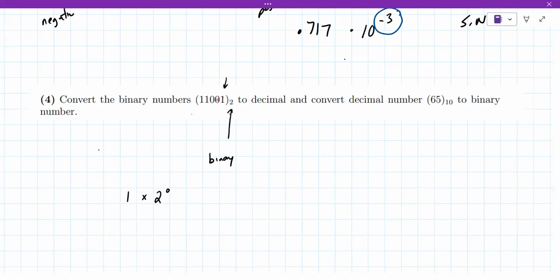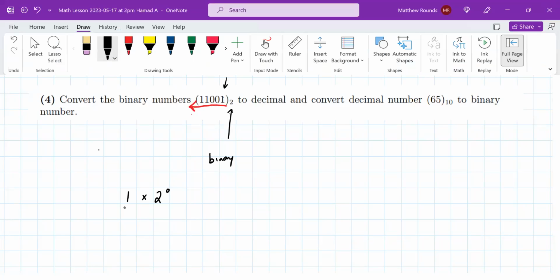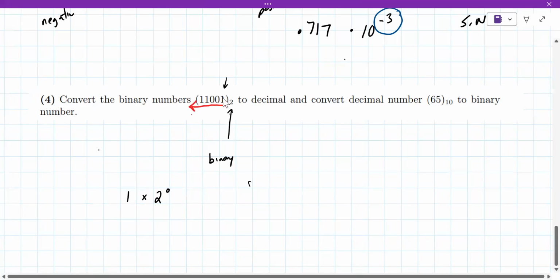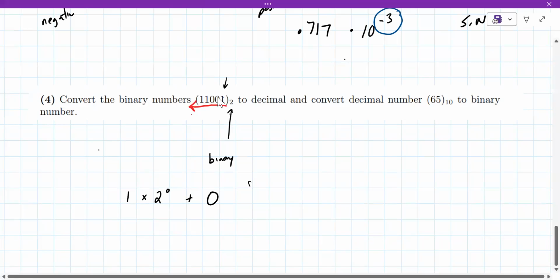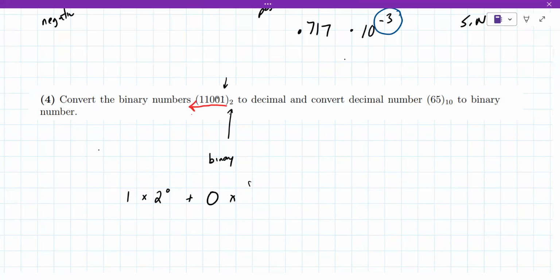So binary, there's only 2 digits, 0 and 1. You're going this direction. This one here is that first one, plus 0. This 0 is this first 0, so times 2 to the 1.